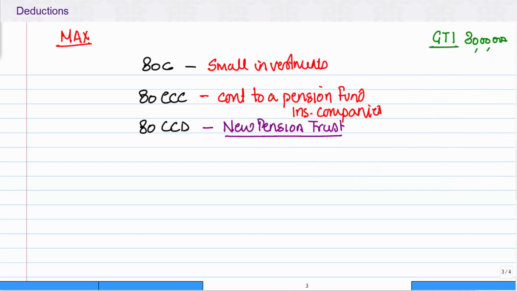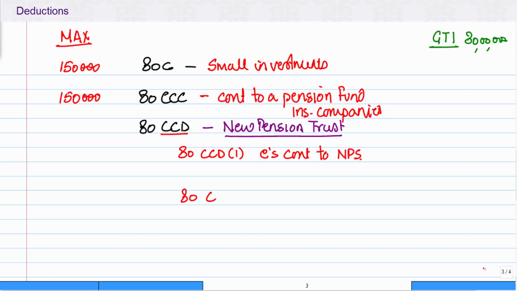Now, going back again, what are the maximum limits? So, the maximum limit of 80C now rests at 1,50,000. 80CCC also rests at 1,50,000. Now, 80CCD has three parts to it. There is 80CCD subsection 1, which is for employees' contribution, and you will need to remember these sections, to new pension scheme or new pension trust.